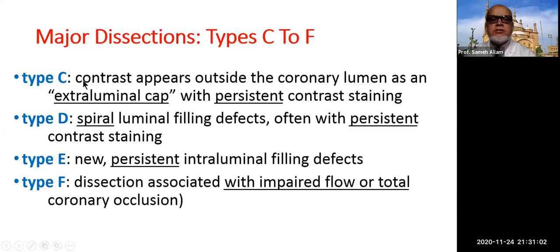While major dissections, from type C to F, are extraluminal cap or spiral dissection, or persistent intraluminal filling, or total occlusion of the vessel, and all are associated with persistent contrast staining after the injection, and the dye is cleared from the blood vessel.